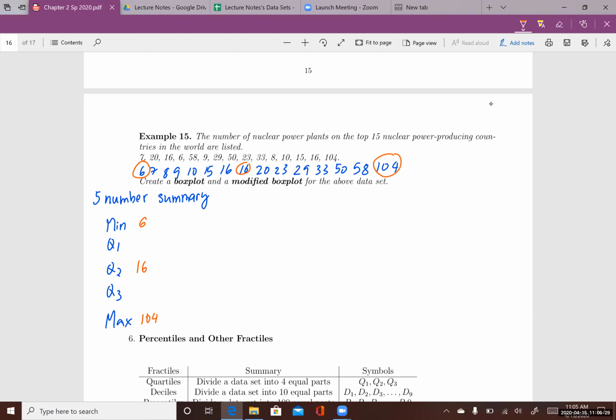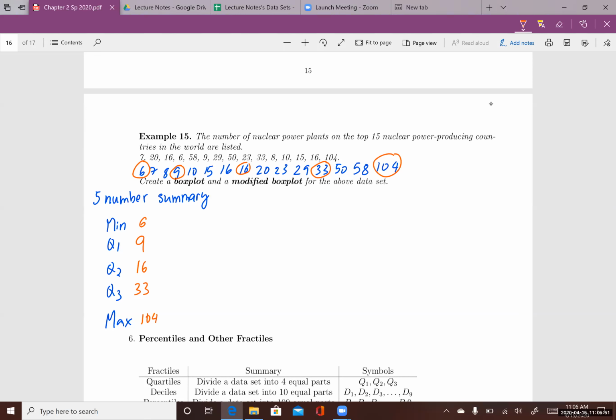So we have 7 data points, so the 4th, which is 9 here, will be Q1. And on the right we have 7 data points, so again 1, 2, 3, 4. So 33 will be Q3.